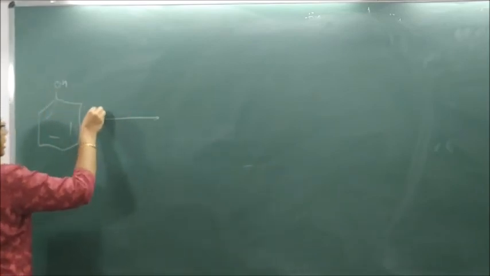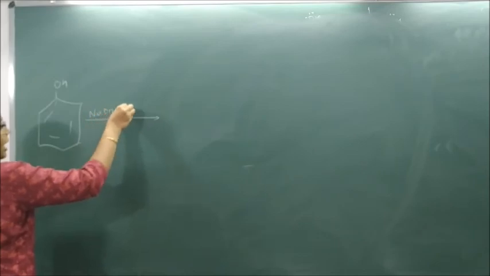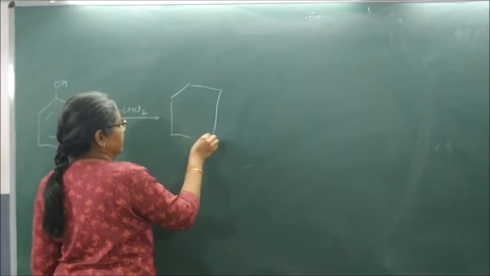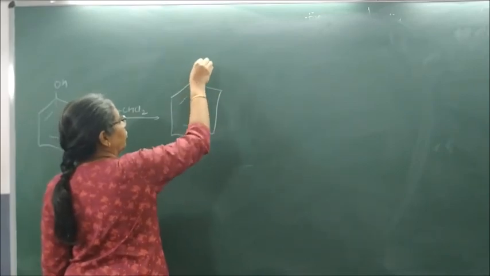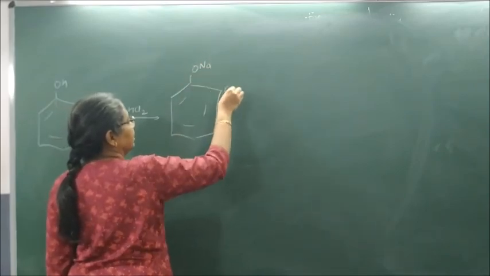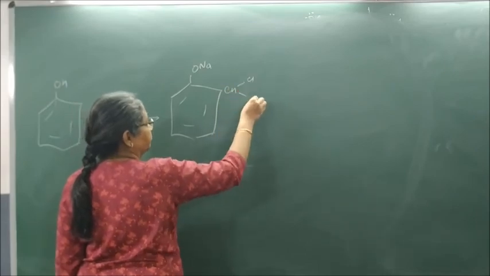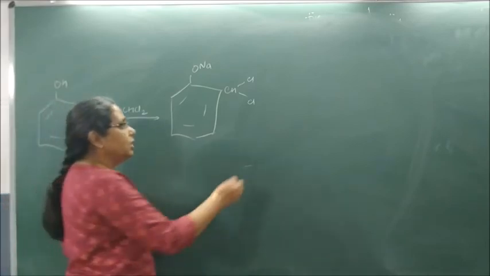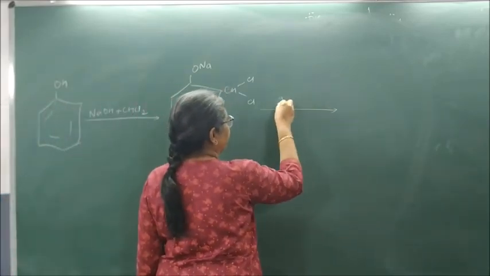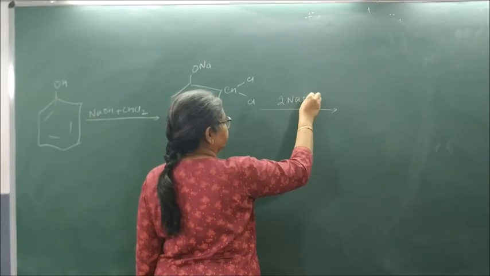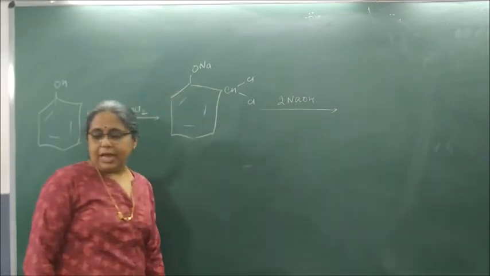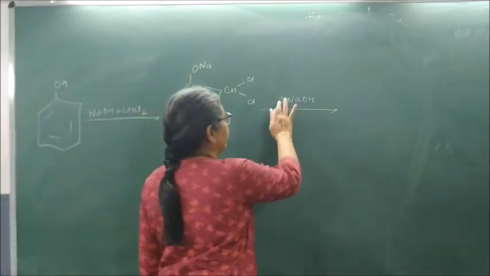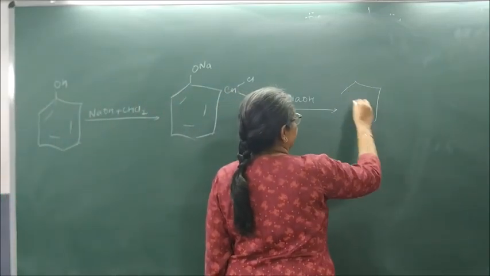This, when it is reacted with NaOH and CHCl3, then it immediately comes to the intermediate structure where you have ONa and CHCl2. This is an intermediate structure which we got in the second reaction. This, when it is further treated with what? NaOH. Isn't it? We finally reacted with NaOH. We will get what? Or rather one NaOH. I will get what?